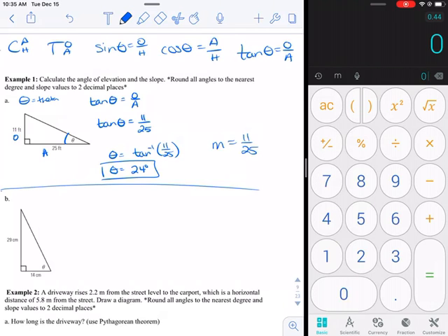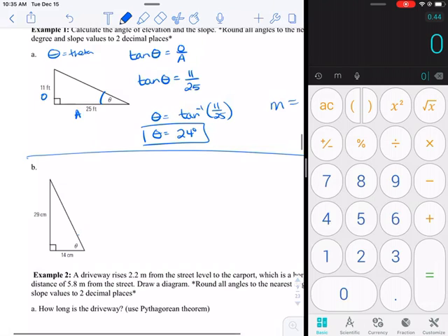Okay, let's do another example here. Here's my angle. This is across from the angle, so that's opposite, and this is right next to it, so this is adjacent. So our slope is opposite over adjacent, so the rise over the run, so 29 over 14. That means we're using the tangent function, so 29 over 14.